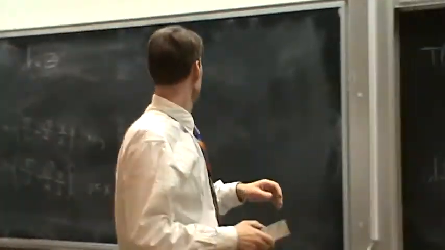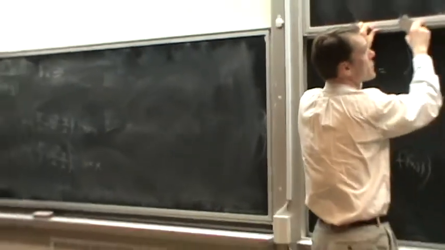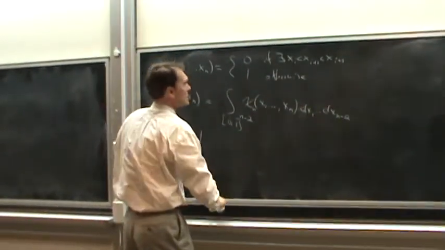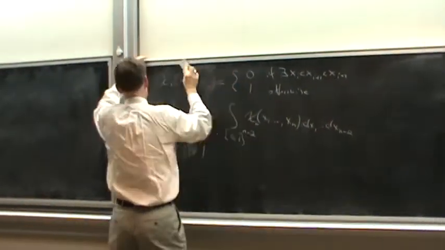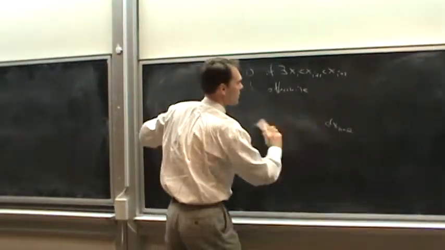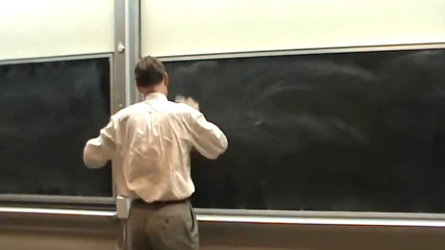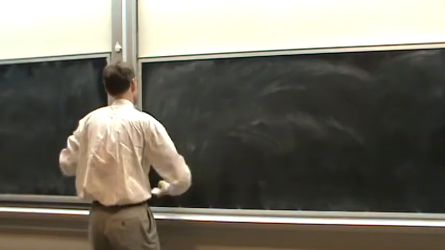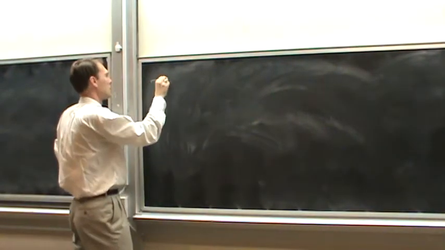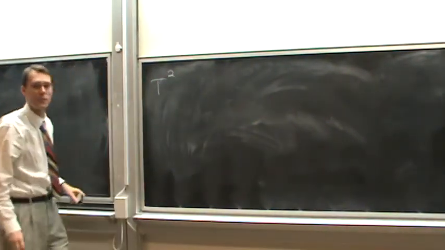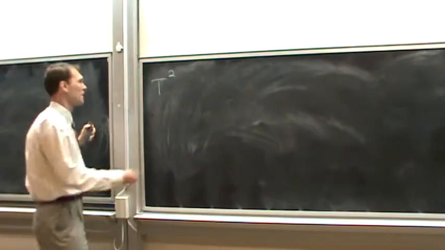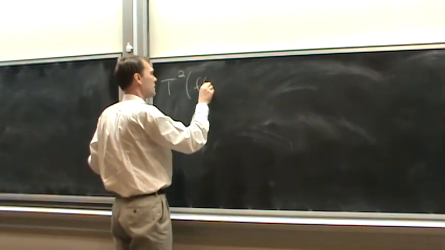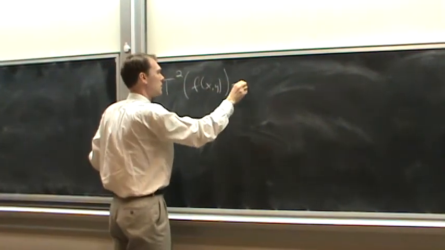So the thing that saves us is, let's look at the operator squared. What happens when I apply that to the function?